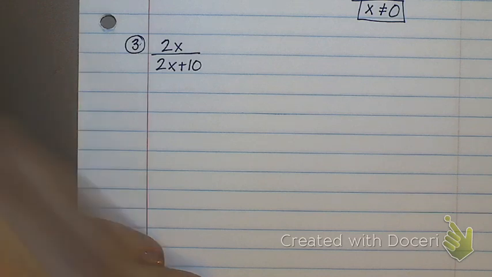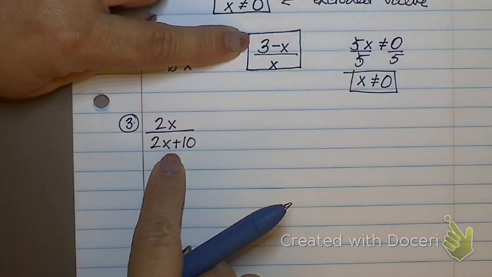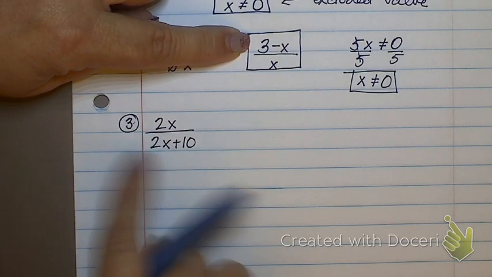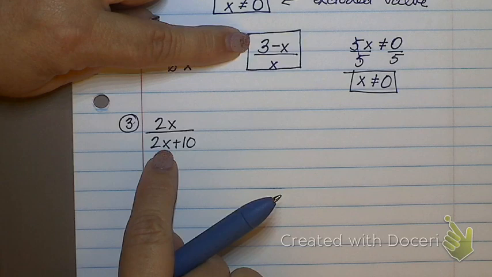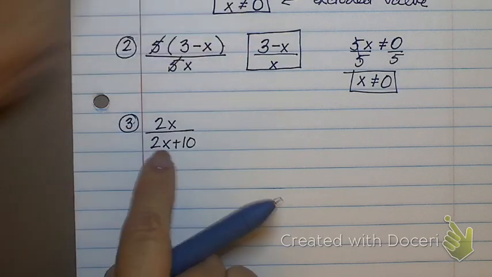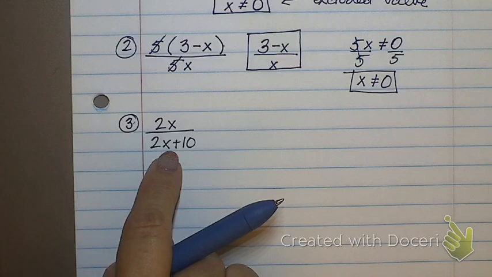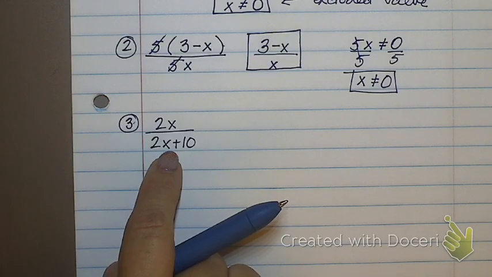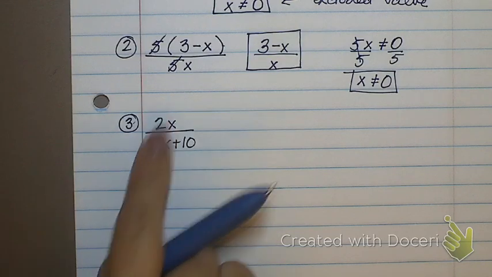No. This isn't in parentheses, but just like this one, the only reason it's not in parentheses is because there's nothing else with it, right? So technically it's in parentheses. I can't cancel out part of it. Anytime you have a binomial or a trinomial or anything further than that, you technically have parentheses. So I can't cancel out part of that.